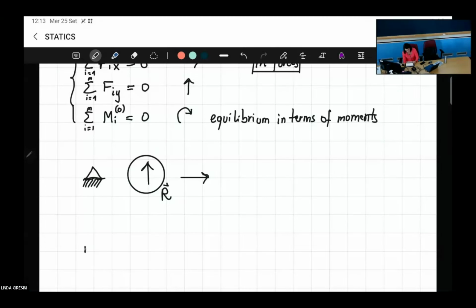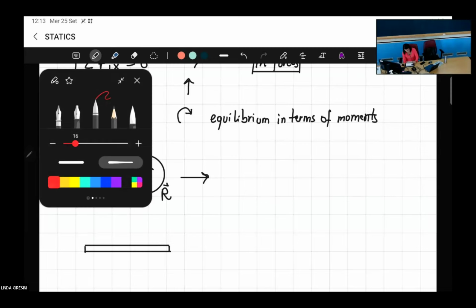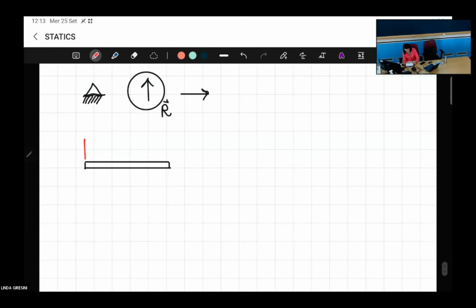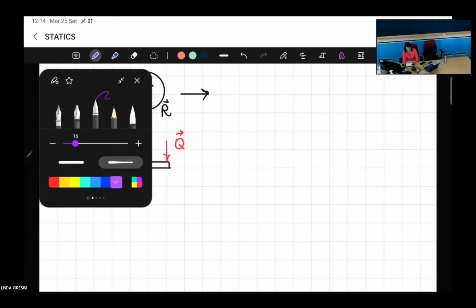So the free body diagram is this. We remove the support. And in the free body diagram, now we can put the forces. So P and Q remain the same. And here we have the reaction force, which at the moment is unknown. Right?